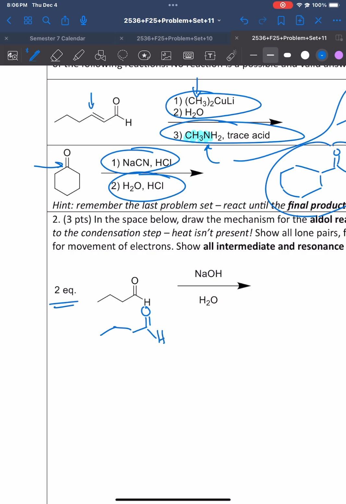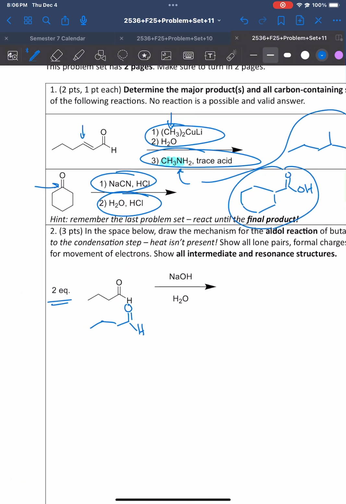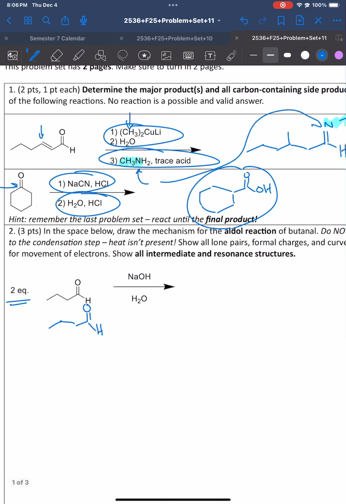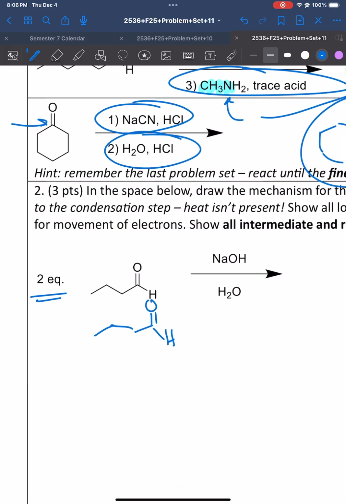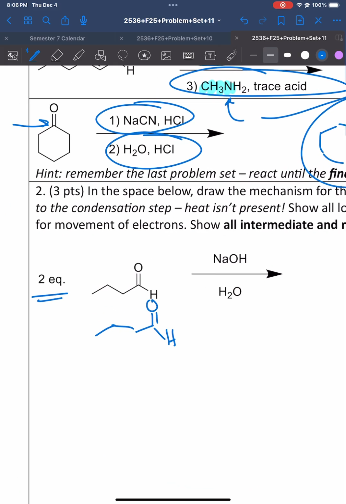It's just really helpful. The first step, whenever you have an aldol reaction, is everything is going to react at the alpha carbon. The alpha carbon is the one adjacent to the carbonyl carbon. So this is the carbonyl carbon, this is the alpha carbon.